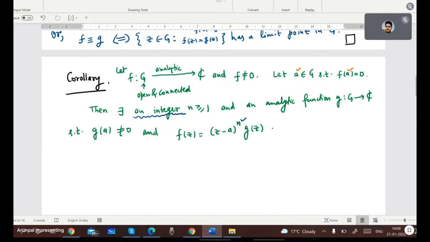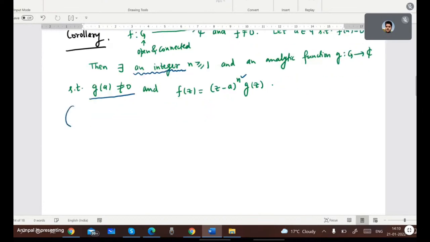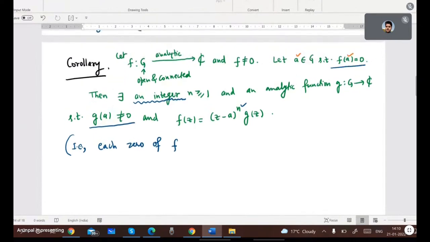So the root a, and because it is given that the value of g at a is not 0, it means this a is a root of f of multiplicity at the most n. So let me write it in short form. The result is saying that each zero of f, because here I took an arbitrary zero of f. So certainly if this thing holds for one zero, it will be applicable for every zero or every root of the function f. Is this okay, class? Because I took an arbitrary root.